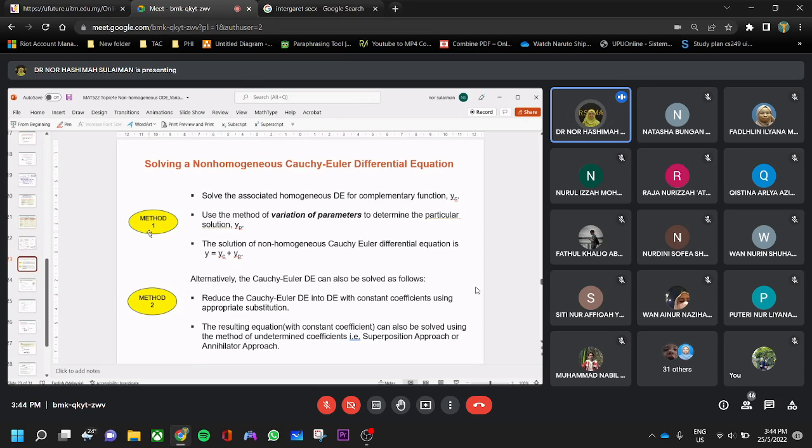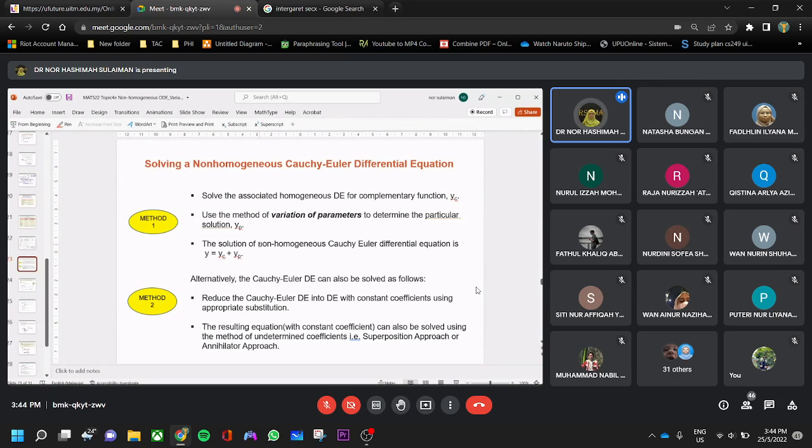Method yang pertama, kita selesaikan dulu dia punya associated homogeneous differential equation for complementary function YC. Okay, so dah dapat yang tu, seterusnya kita gunakan method of variation of parameters to determine the YP. Maknanya YP sama dengan U1 Y1 plus U2 Y2. Okay, itu kaedah yang pertama.